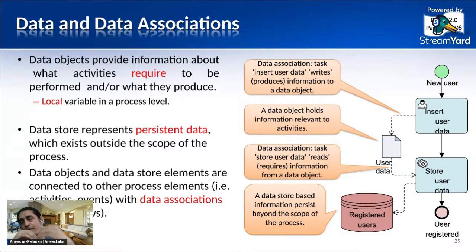We need to do the data flow between the nodes. We have to pass the data from one task to another task. There are many ways to do it. You can create a global task or a global node that can be consumed by many other tasks or activities, or you can use a persistent database, or you can use a caching mechanism.